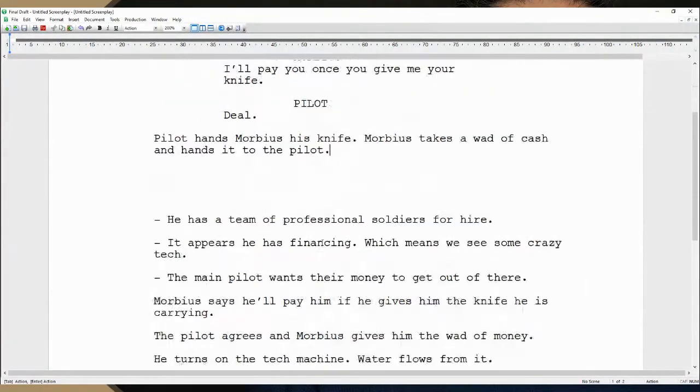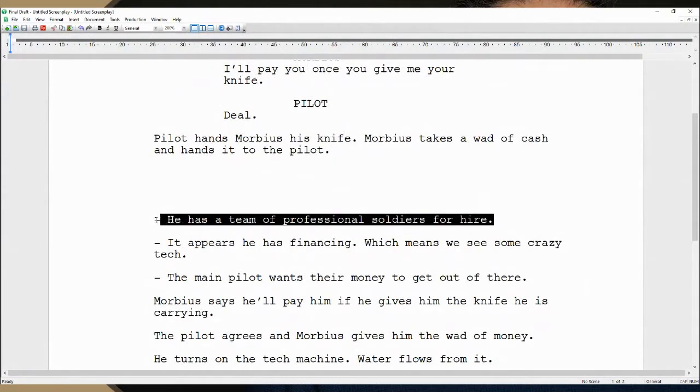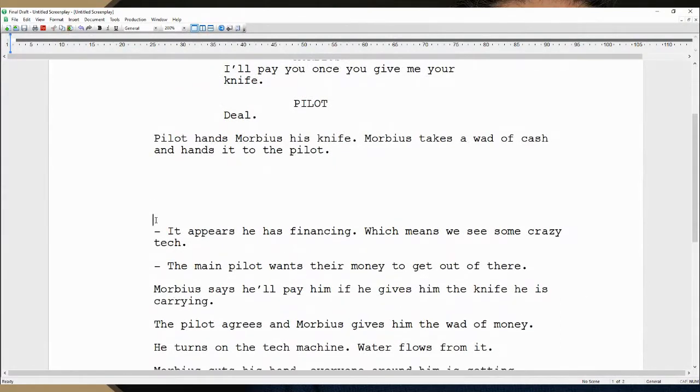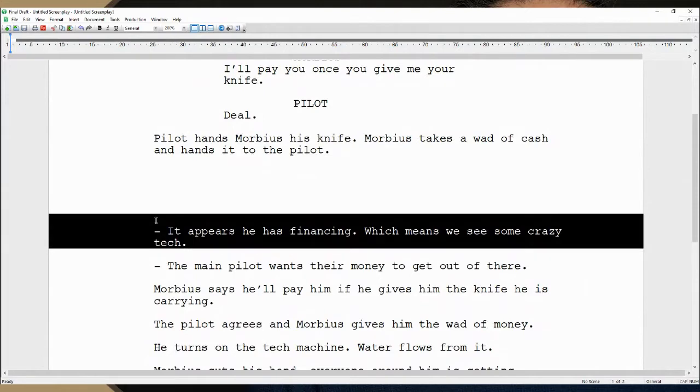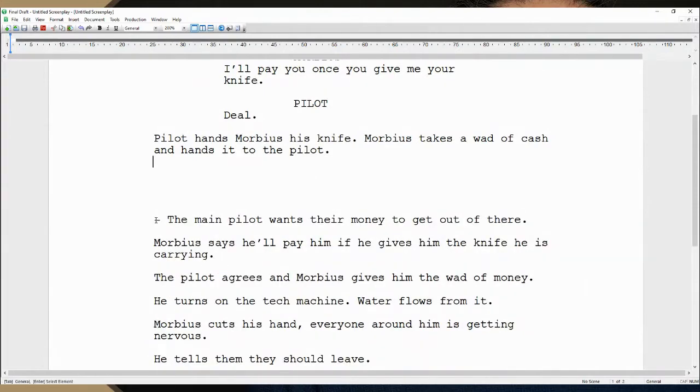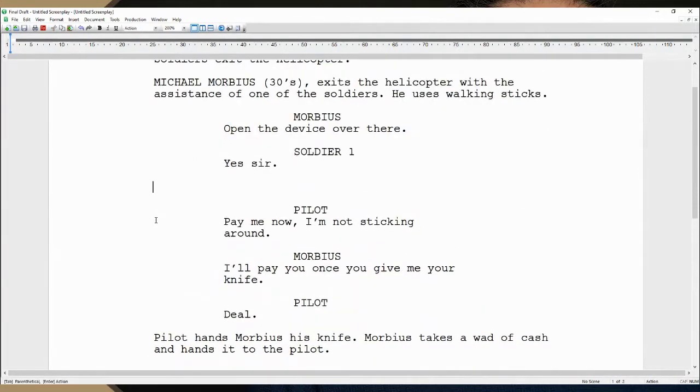Anyway, so now we know they're professionals and hired. Okay, it appears he has financing because of the money and the crazy tech. Place that over there. Yes, sir. Okay. This seems advanced.